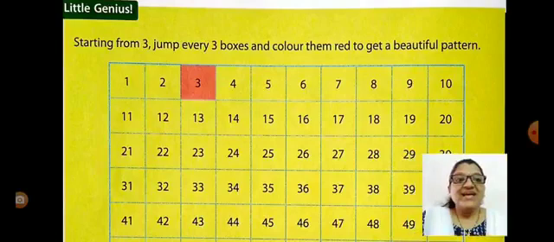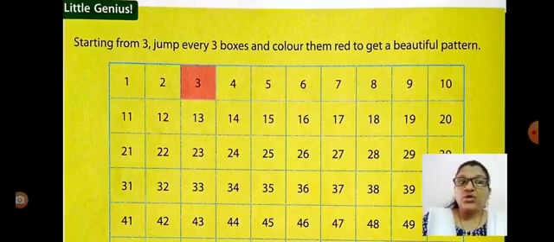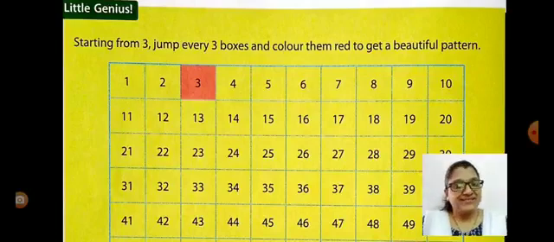Yes. Little genius. Children, in this example, let us see what we have to do. See, starting from 3, jump every 3 boxes and color them red to get a beautiful pattern.